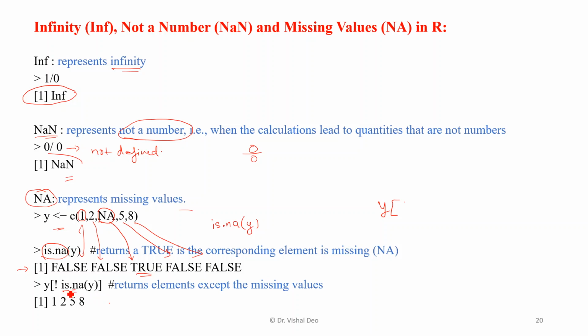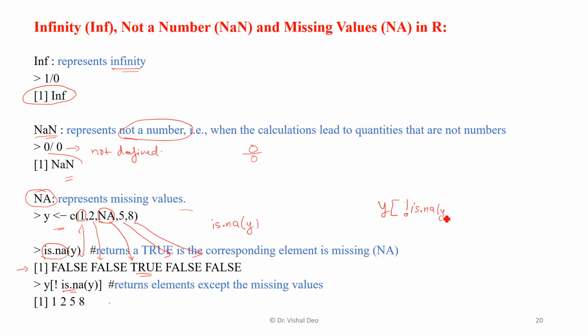So you can use the logical command not before is.na. Whenever there is true, not will convert it to false, and whenever there is false, not will convert it to true.